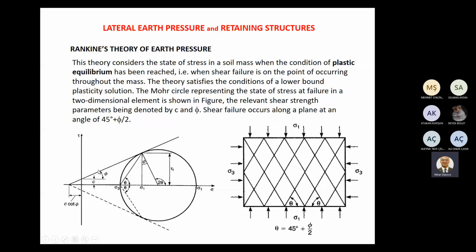Shear failure occurs along the plane at an angle 45 plus phi over 2. This angle equals the failure angle in the field.